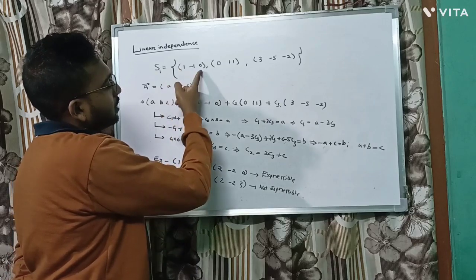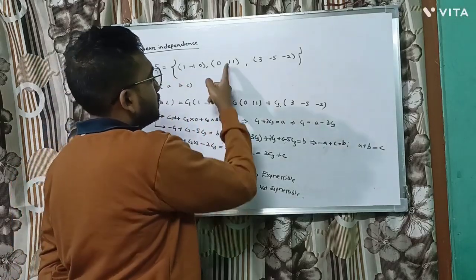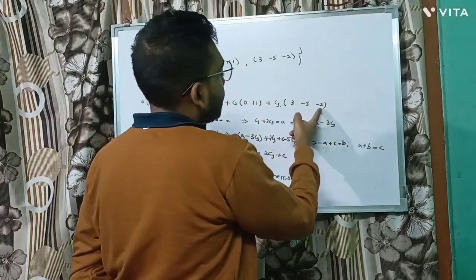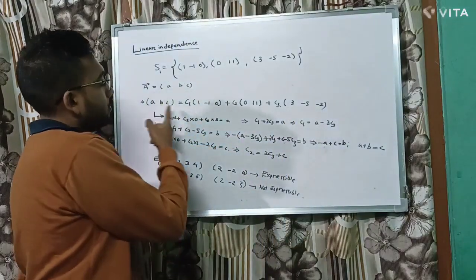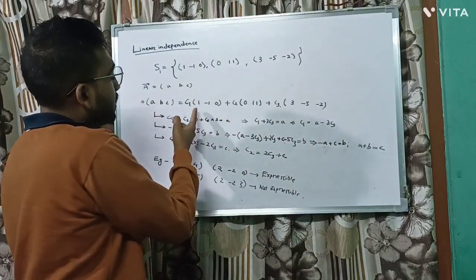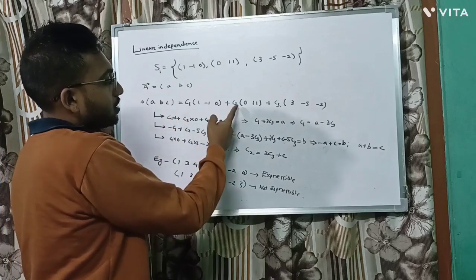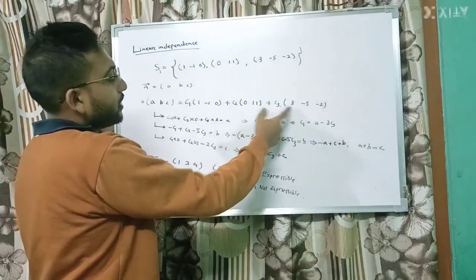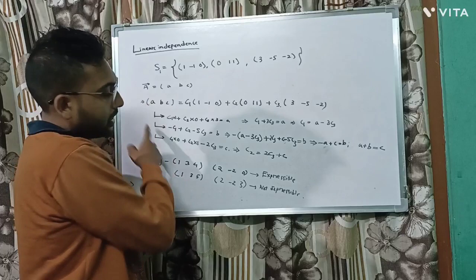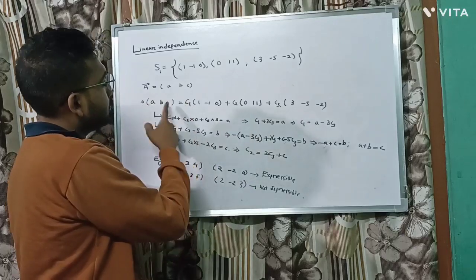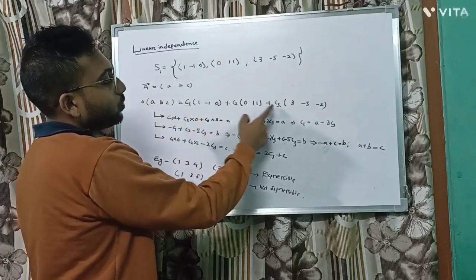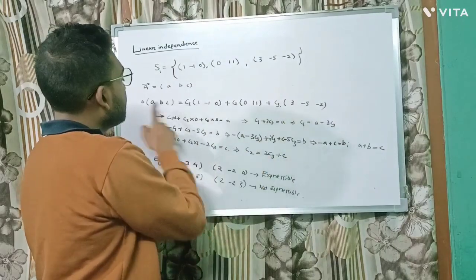c1 times the first vector plus c2 times the second vector plus c3 times the third vector. The first equation comes out to be 1 times c1 plus c2 times 0 plus c3 times 3, which is equal to a. The second equation comes like minus c1 plus c2 minus 5 c3 equals b.